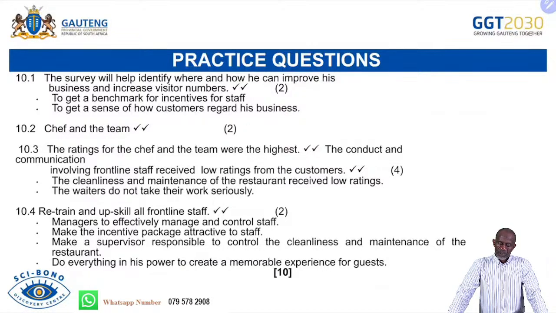The conduct and communication involving frontline staff received low ratings from customers. The cleanliness and the maintenance of the restaurant receive low ratings. The waiters do not take their work seriously. So this is how we should respond to question 10.3.